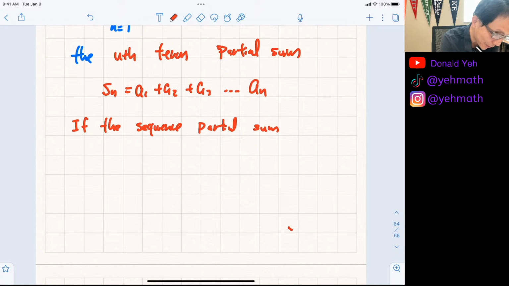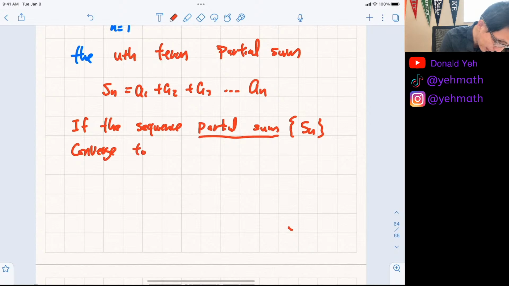If the sequence of the partial sum s sub n converges to s, then the series from n equal to 1 to infinity of a sub n converges.